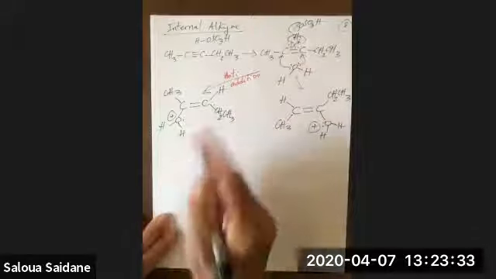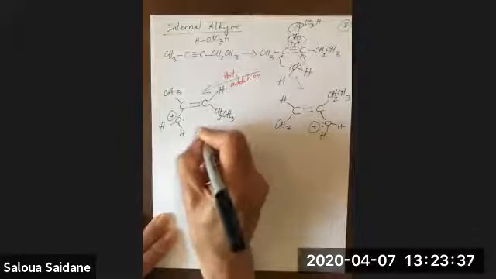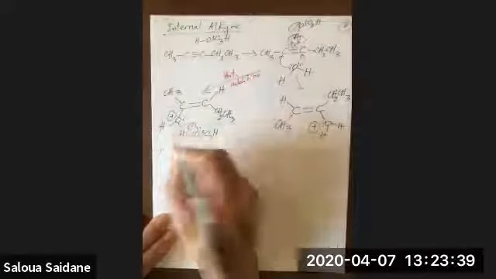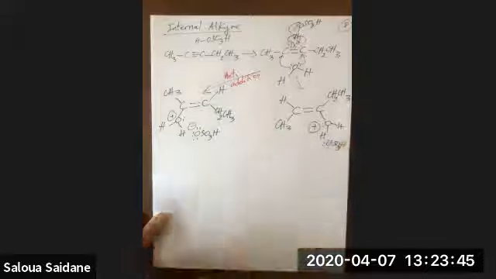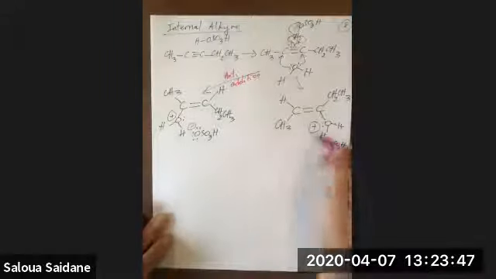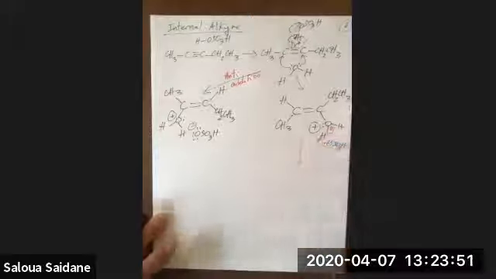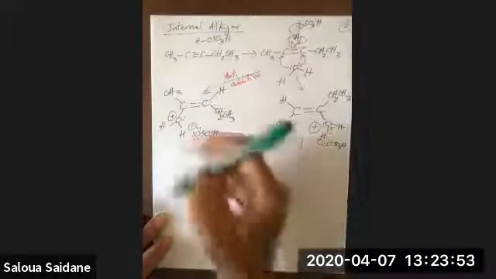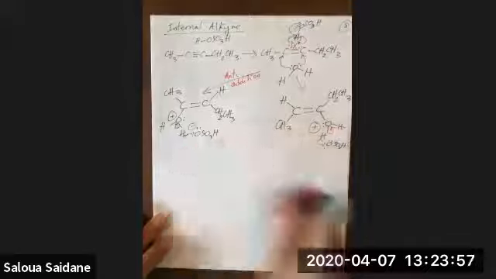Now what happens next? That catalyst, we need to generate it again. So it's going to take the H, so it's going to be deprotonation. On the pink side, this takes this, and on the green side, this takes the H, and we get this.